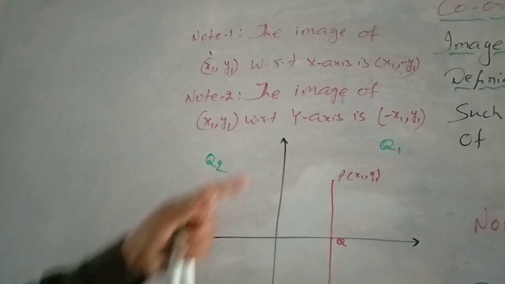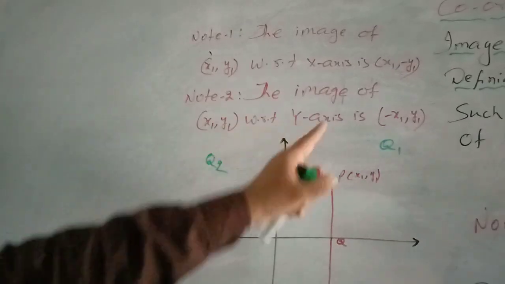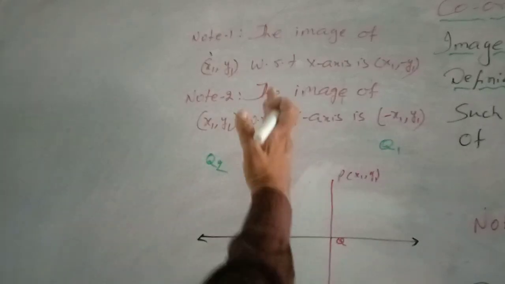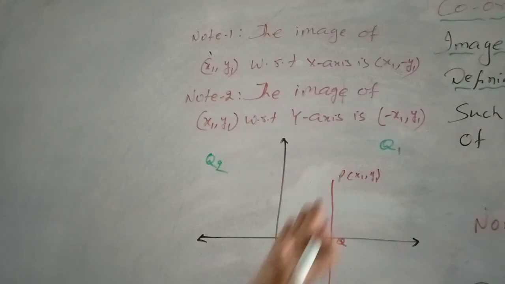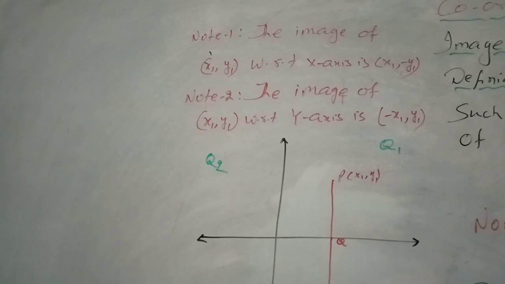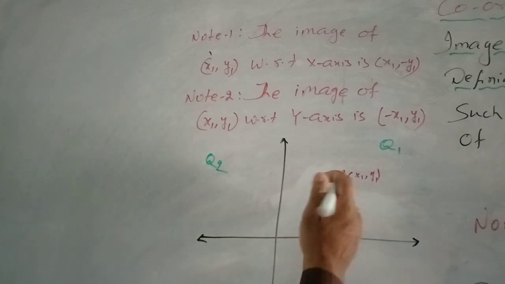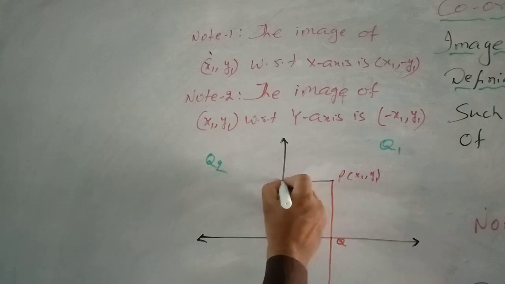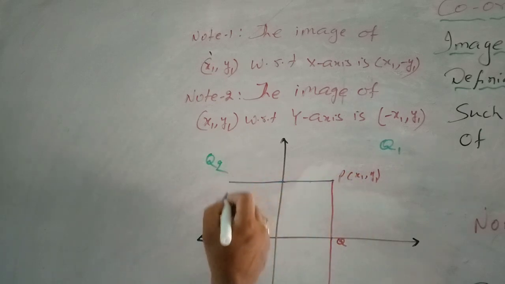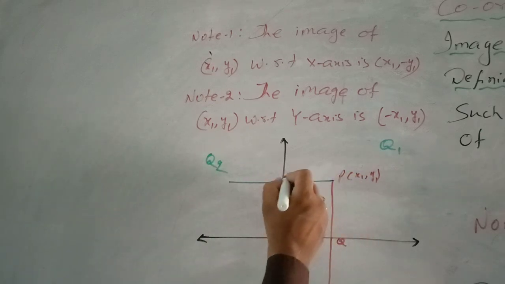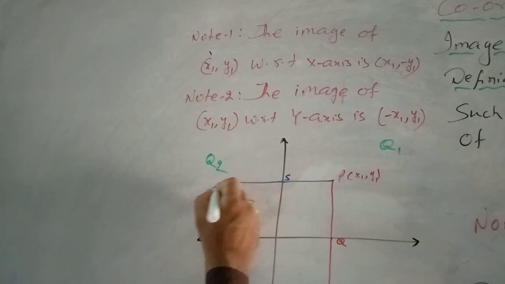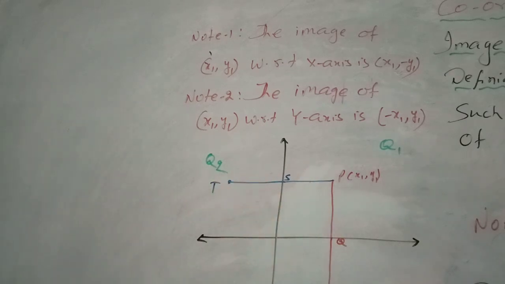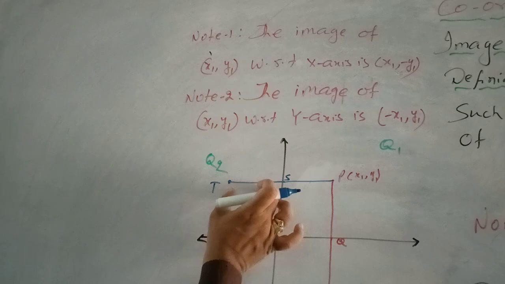Now the image of x1 y1 with respect to the y-axis. Suppose this is PQRS and I keep the point T, so PS is equal to TS.